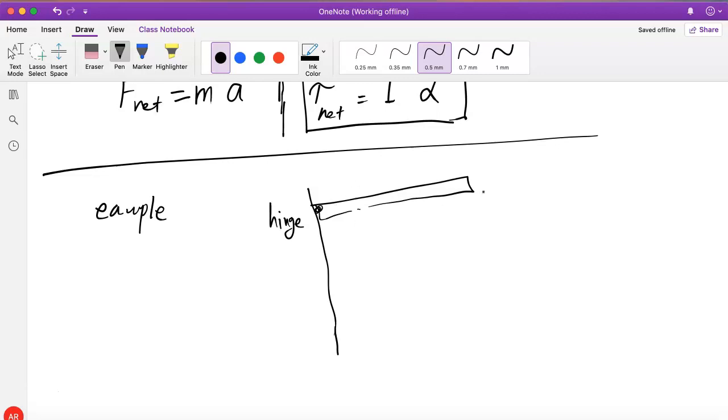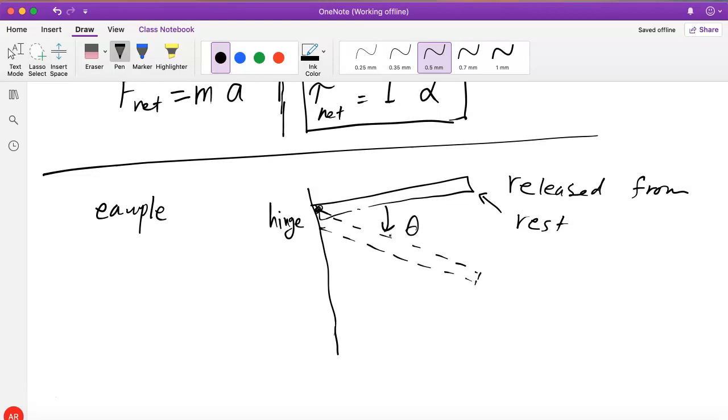So the rod is released from rest here, and then it rotates down like this. So this is theta. Find alpha as a function of theta.